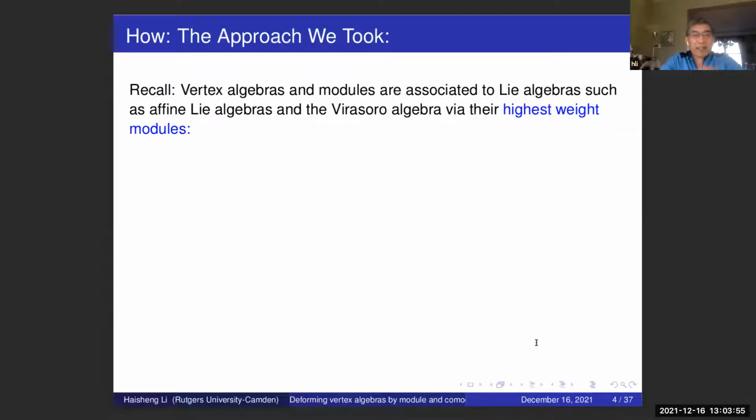I want to say something about the original idea, how I approach this problem. It comes from representation theory. First we think about how we associate vertex algebras to affine algebras. The key thing is we use representations of affine algebras, basically the so-called highest-weight modules.